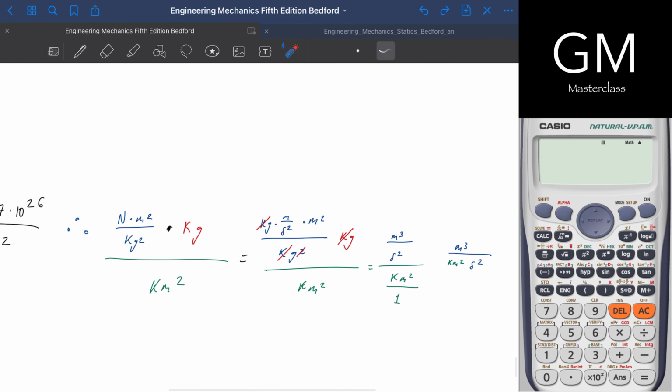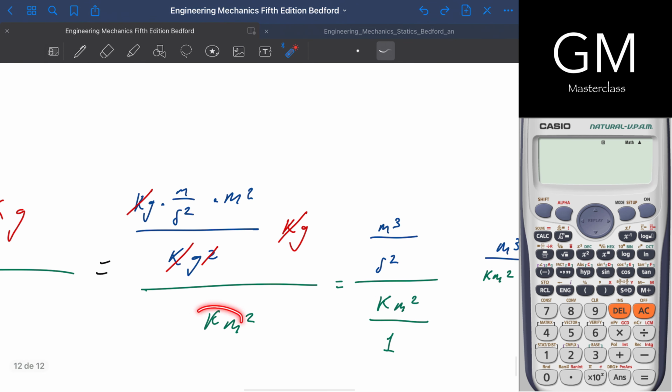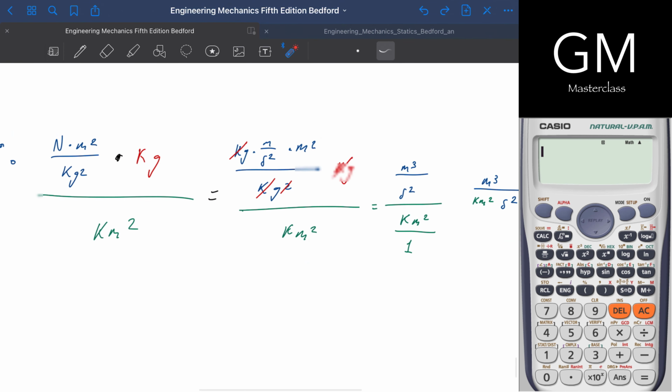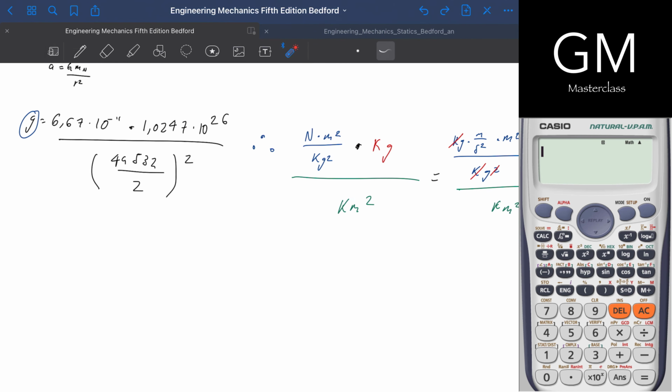So the answer is to transform these kilometers into meters. How do I do this? By just writing down the equivalence of the prefix.